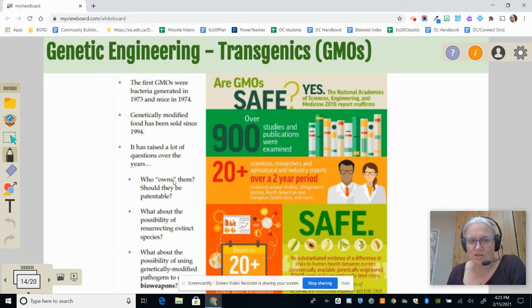So some of the questions are, especially when we're talking about genetically modified food and plants, who owns them? Right? When you've created a seed for a type of canola and this company owns it, if it falls onto your property, can you regrow it, or are you going to be charged? Right? Who owns that plant?